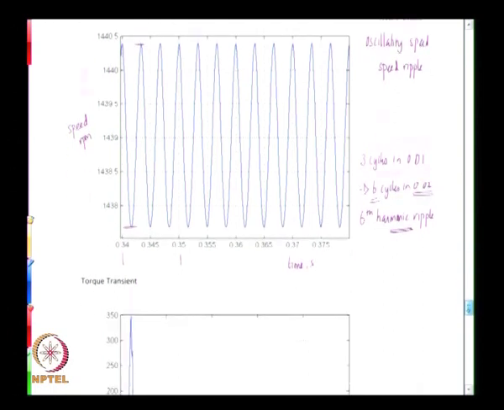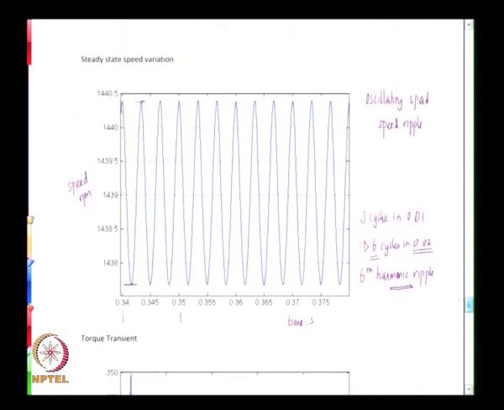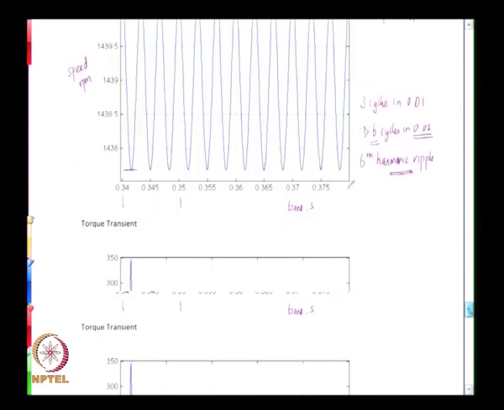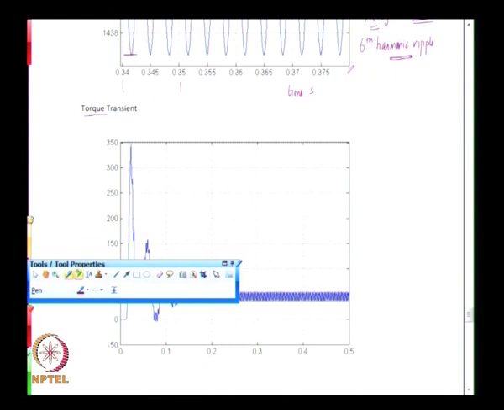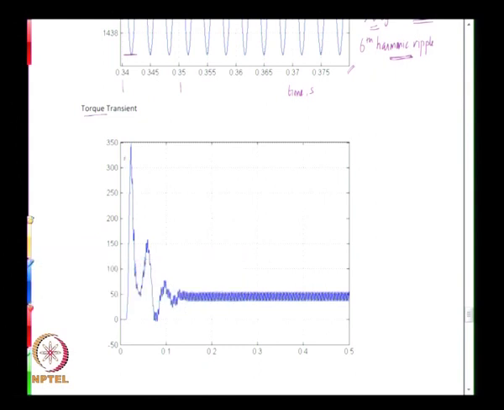So if there is going to be a ripple in speed, that can only come if there is a ripple in the generated electromagnetic torque as well. If you look at the torque transient, you see that the waveform broadly looks similar to what we have in the sinusoidal case, but all along you see that there are small oscillations, and indeed in steady state one can see all these ripples.